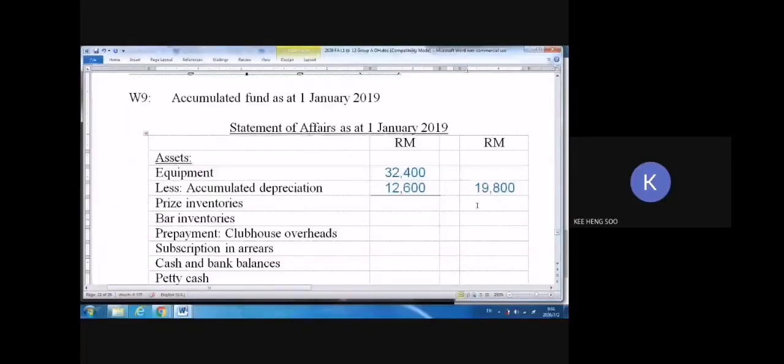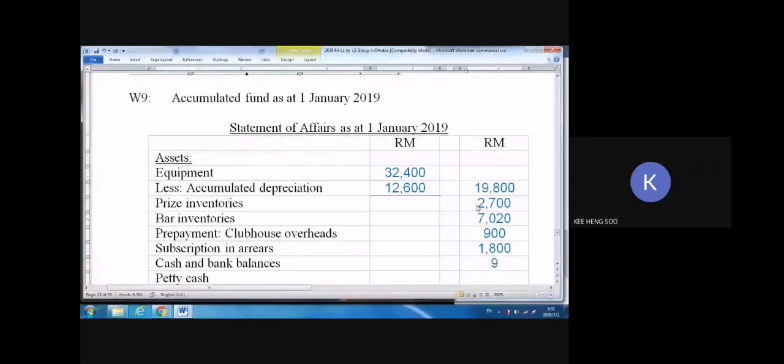Followed by your price inventory, 2,007. Followed by your buy inventory 7,020. Prepayment 900. You see, no debit, no credit. I just want to add up the total of all the assets. Subscription in arrears 1,008. And then cash and bank balance 9,270.